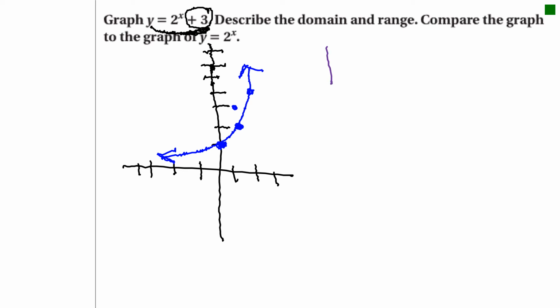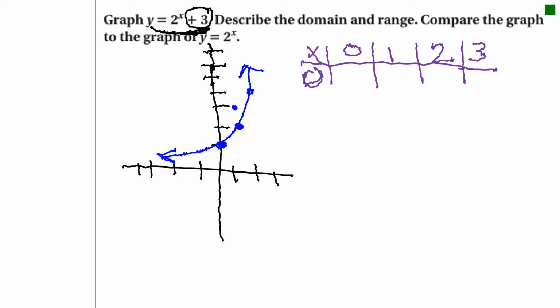Here's our new one. Again, we're going to make a table. Now let's keep it positive because I haven't taught you how to work with negative exponents yet. I'm supposed to say y. Whew, making mistakes all over the place. 2 to the 0 is 1, and 1 plus 3 is 4, goodness. 2 to the first is 2, plus 3 is 5. 2 squared is 4, plus 3 is 7.